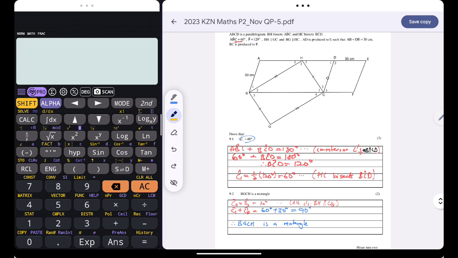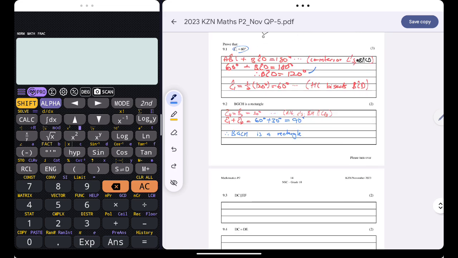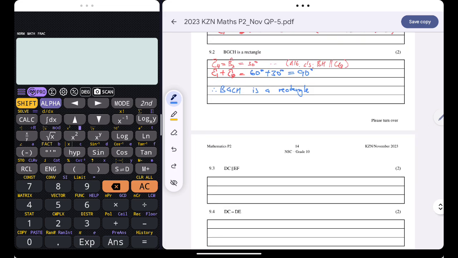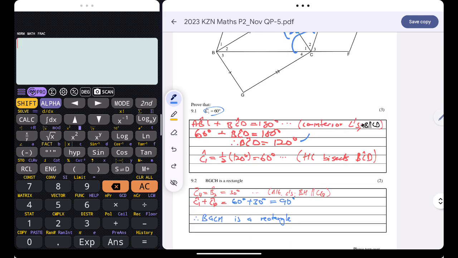Okay, remember that I found this angle over here to be equal to 120 degrees. I did that in 9.1. Yeah? Okay, I found angle BCD to be 120 degrees.